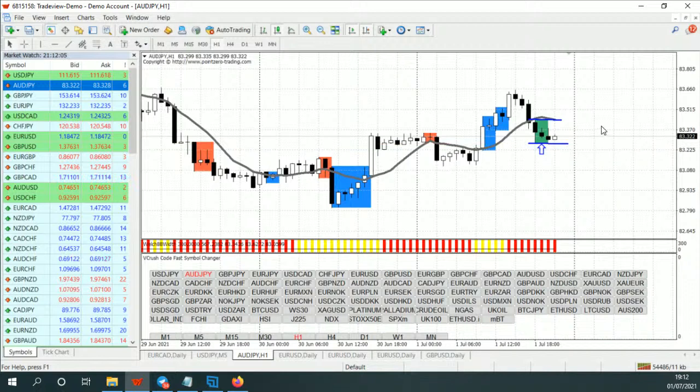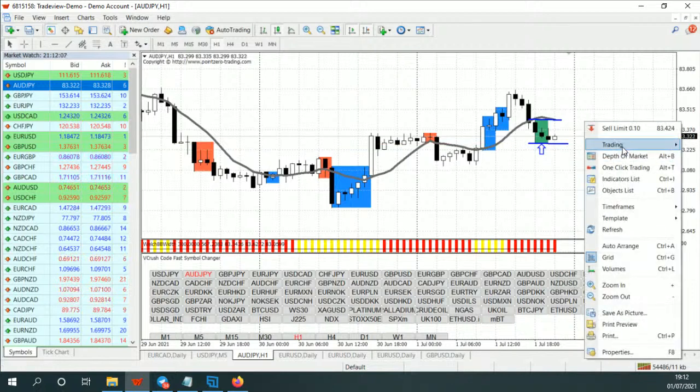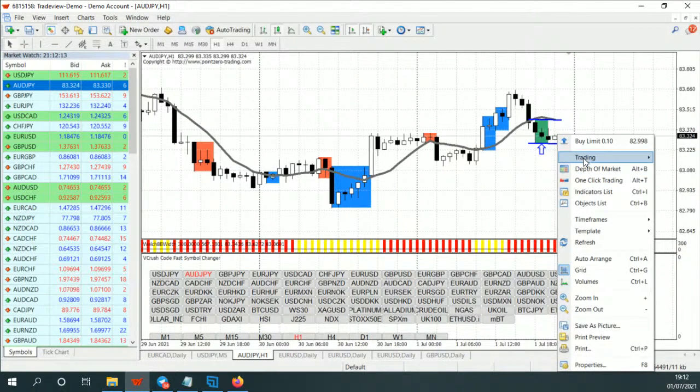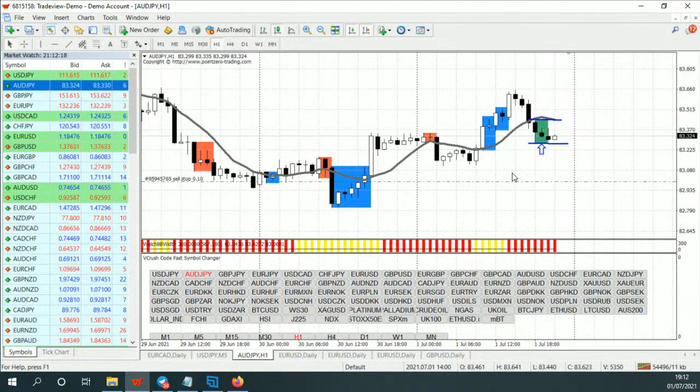So you are going to put a sell stop. Move the sell stop to the right place. So your sell stop will be here.